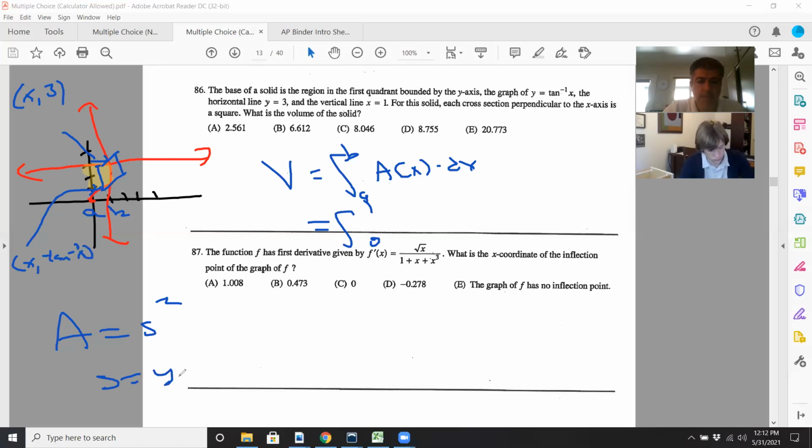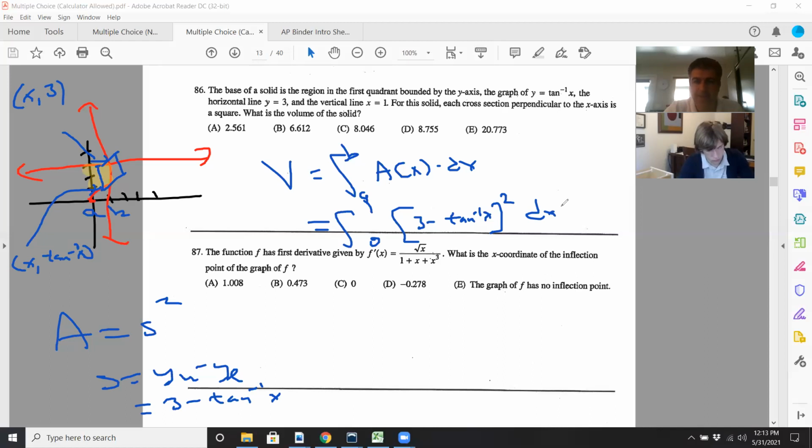So it's going to be the y upper minus the y lower, or 3 minus the inverse tan of x. Okay, easy enough. So now you square that, because it's the side squared, right? dx.